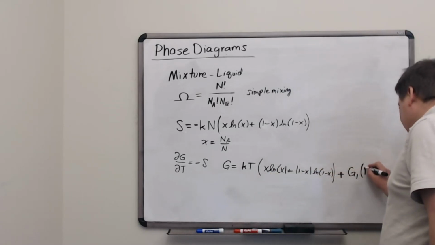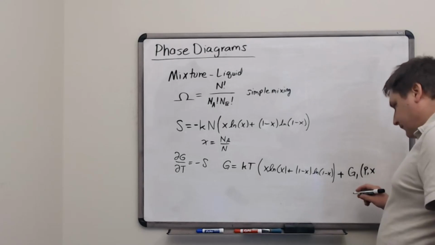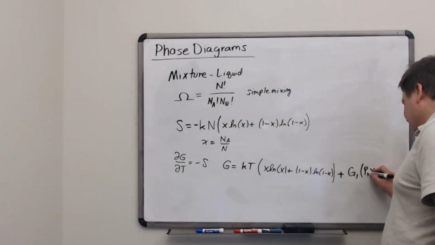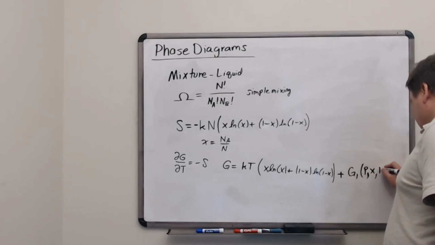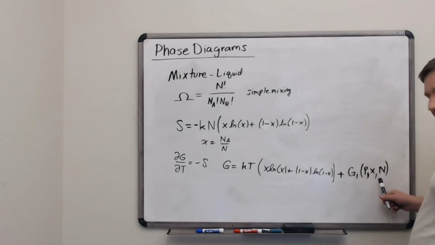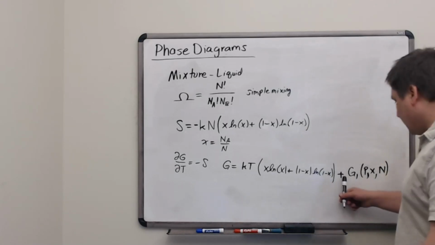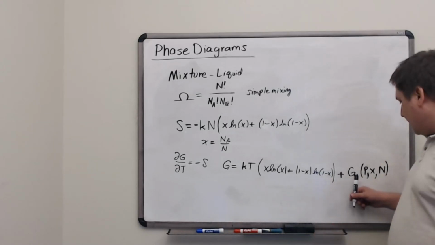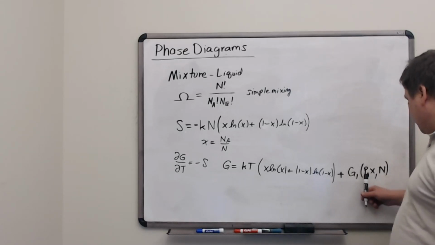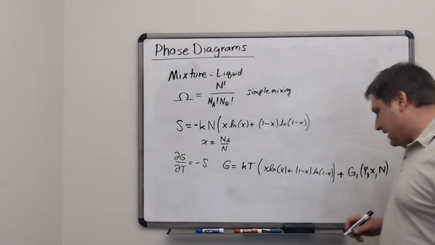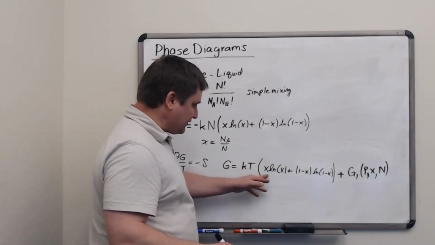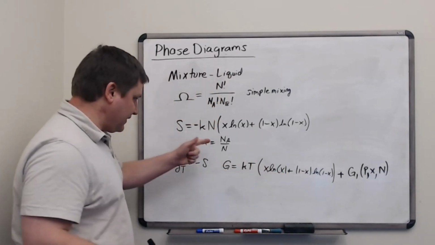So pressure, concentration can still appear in here because as long as there's not a T, it'll work out correctly. And this could also depend on the total number of particles in the system. So you could also write this part as pressure, Na and Nb, and that's fine too. But pressure, X and N is better for our purposes since this part is already in terms of X, the concentration.